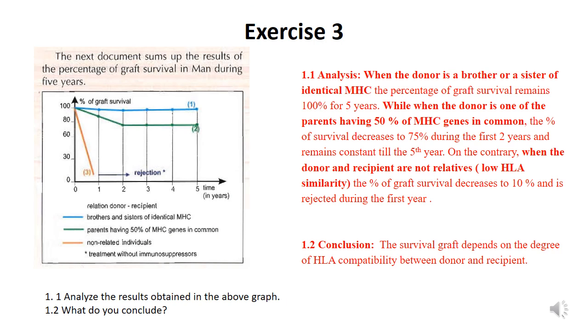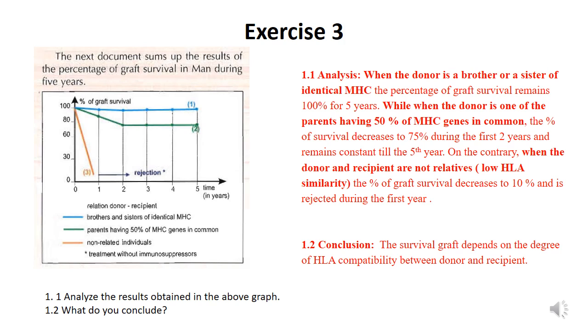Exercise 3. The next document sums up the results of the percentage of graft survival in man during 5 years. So you see in the graph, we have here the variation of the percentage of graft survival, as a function of time, but also as a function of the relation between donor and recipient. And this relation is indicated in the document.